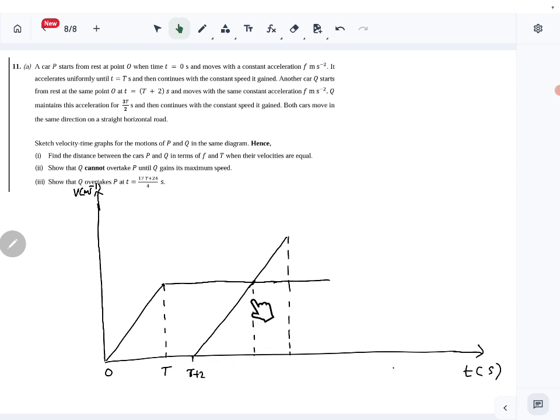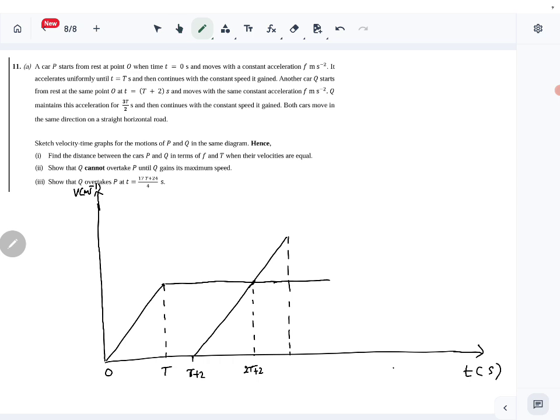It should take capital T time to reach this speed. This also starts from zero, same acceleration. So this time should be 2T plus 2, that is from here, because this takes T seconds. So then this should also take T seconds. It follows the same acceleration, starts with the same speed.